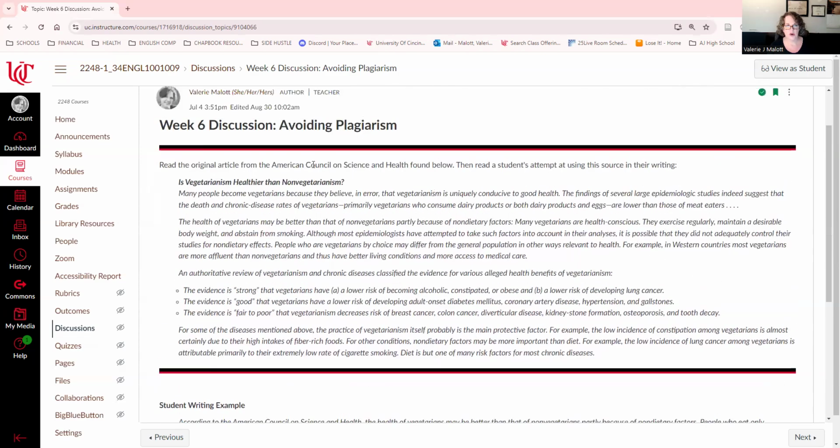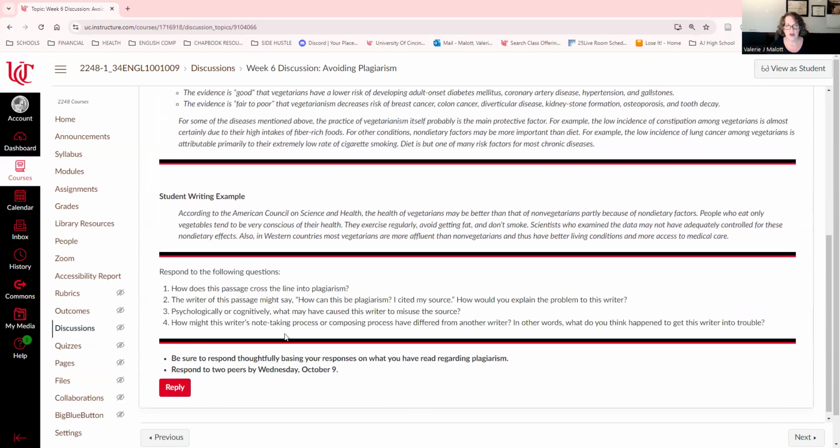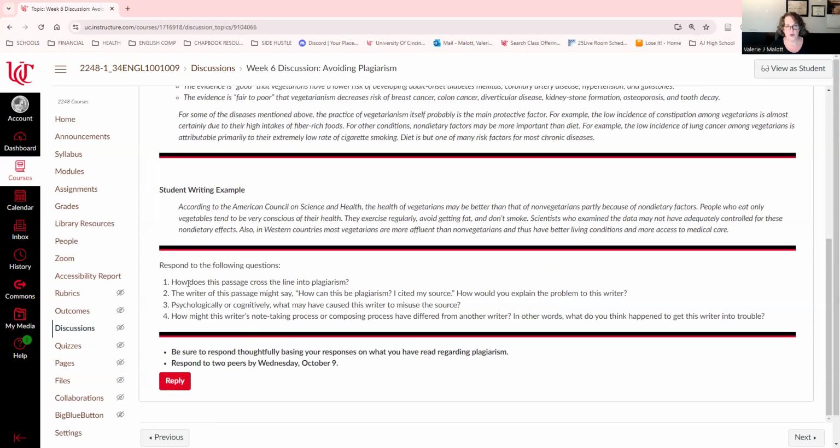Yeah, it's taken from the course text. So it asks you to do a reading, and then you are going to examine the student writing example and answer the following questions. How does this passage cross the line into plagiarism? The writer of this passage might say, how can this be plagiarism? I cited my source. How would you explain the problem to this writer?